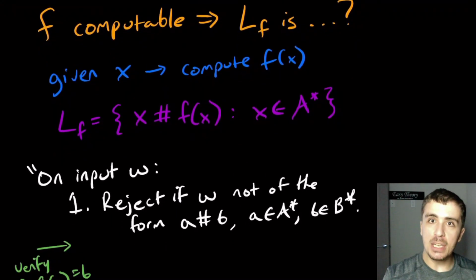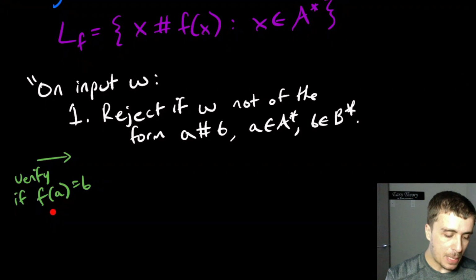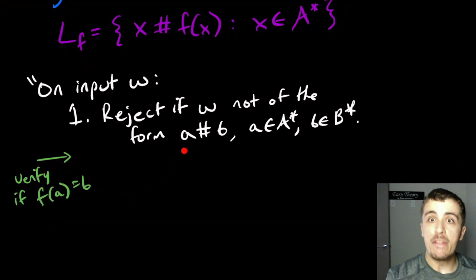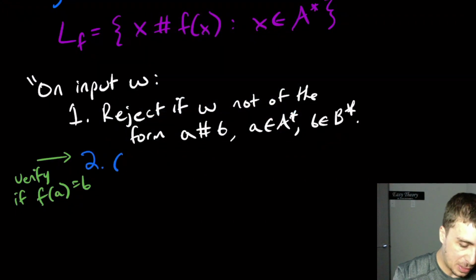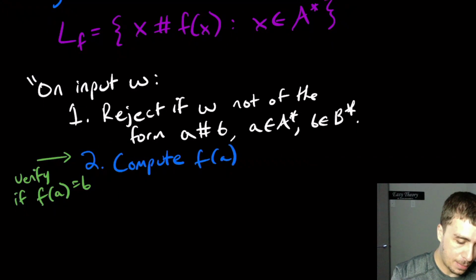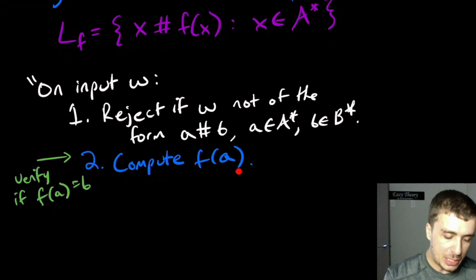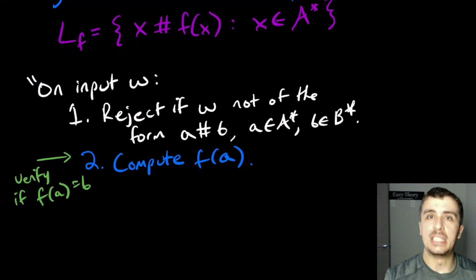So if f is computable, then I can compute what f of A actually is. So the second step is, let's compute f of A. And this step must take a finite amount of time, because it's a computable function.